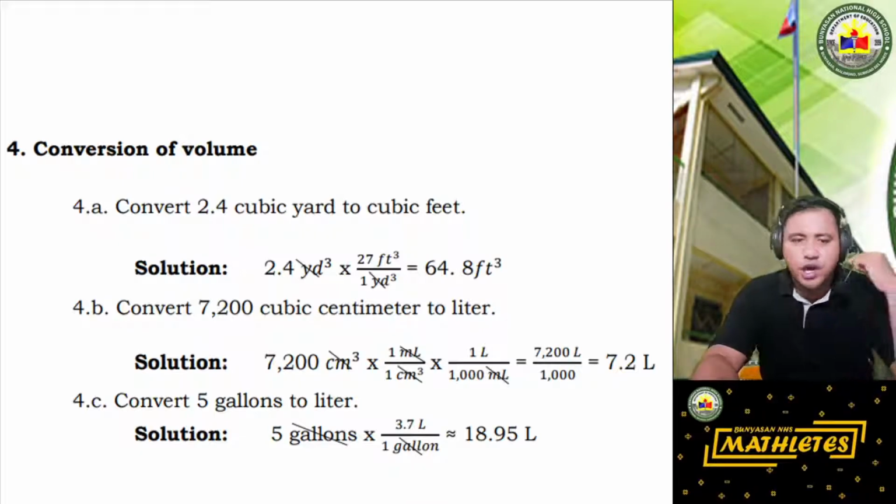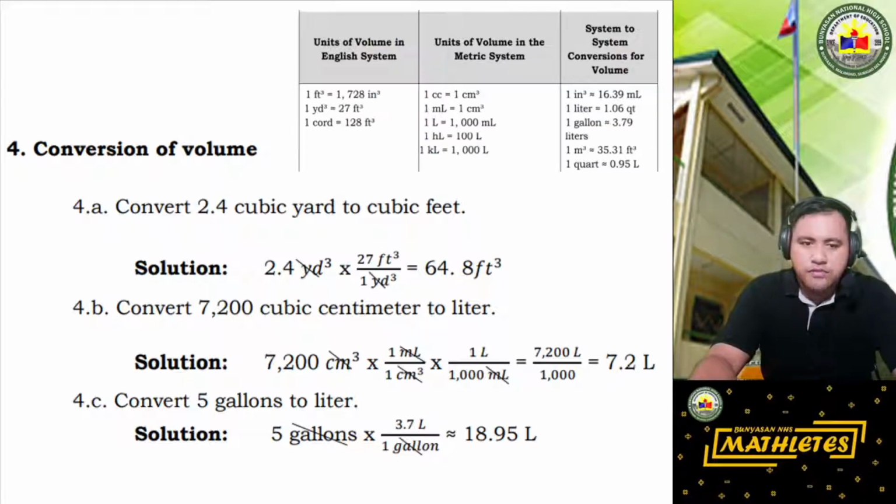Okay. So, next is conversion of volume. We have, convert 2.4 cubic yard to cubic feet. Now, we have yard to feet. So, 1 cubic yard is equal to 27 cubic feet.